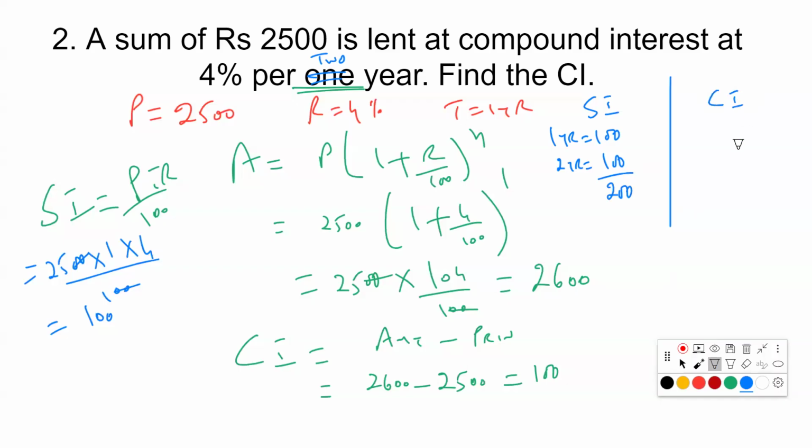What is compound interest? For first year, you got it as 100 rupees. But second year, what happens? Second year, 2,500 is the principal. You will add back 100. It becomes 2,600. Now you apply 10% to 2,600.